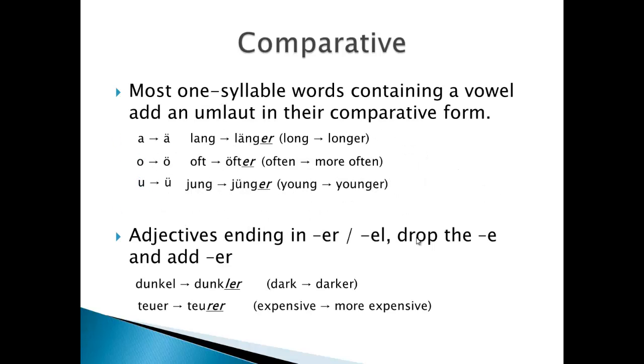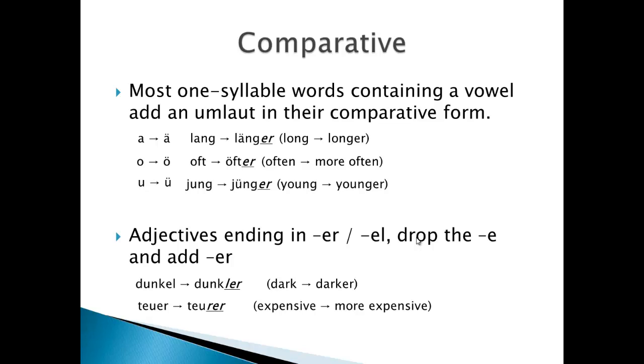And as we went through in class, if you have most, and I will stress that most because there are some exceptions, most one-syllable words that do contain a vowel, you add an umlaut to their comparative form. So lang becomes länger, oft becomes öfter, jung becomes jünger. A two-syllable version with this would be the word gesund.